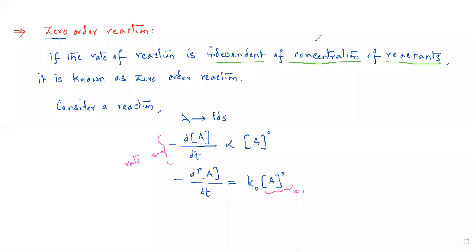So now it can be written as d concentration of A is equal to minus K0 into dt.